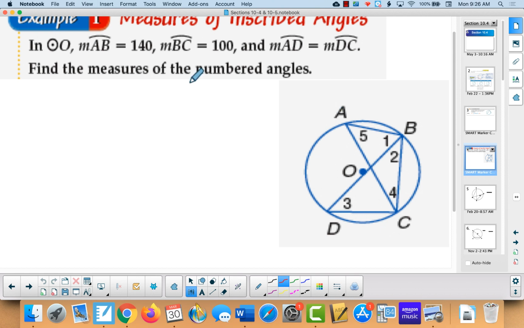So according to this, we know that the measure of AB is 140. We know that the measure of BC is 100. And even though it doesn't look like it, we know that the measure of AD and DC are equal.